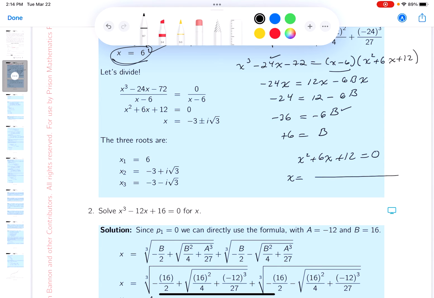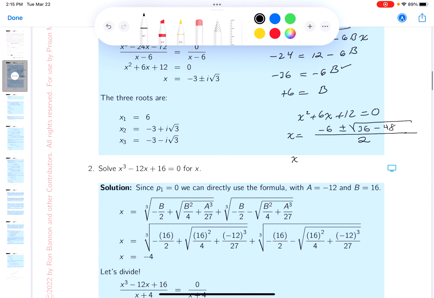And what do you get? The opposite of the b, which is minus 6, plus or minus the square root of b squared, which is 36, minus 4 times a times c. So minus 48, over twice a, which is 2.